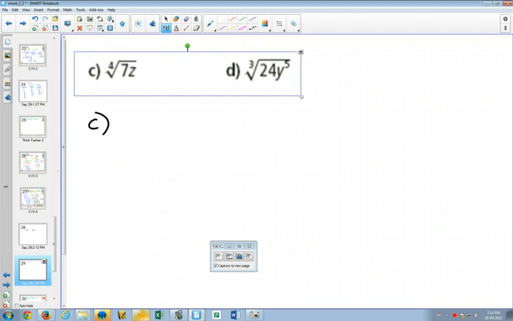For part C, are you getting better at seeing where things are defined and undefined? Can you right away say, this is going to be bad if I plug in a negative number? So z has to be bigger than or equal to 0. Because if you plug in a negative number, you'll take a 4th root of a negative.